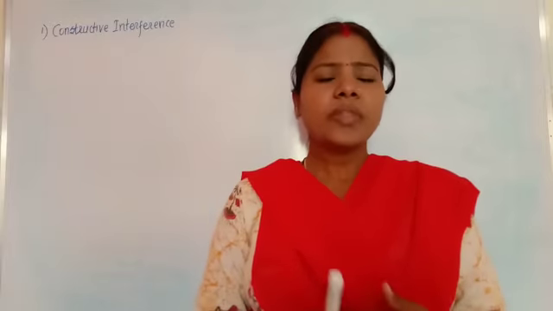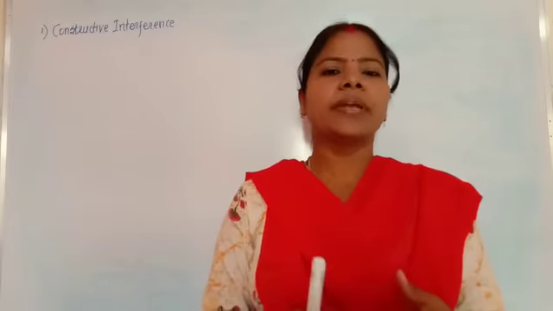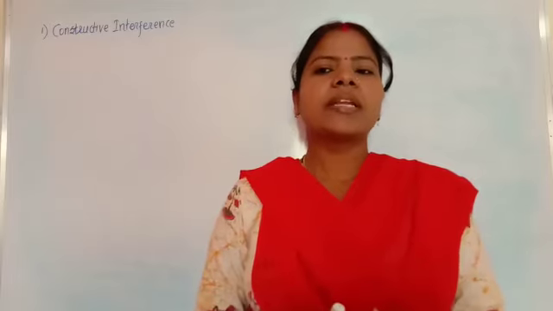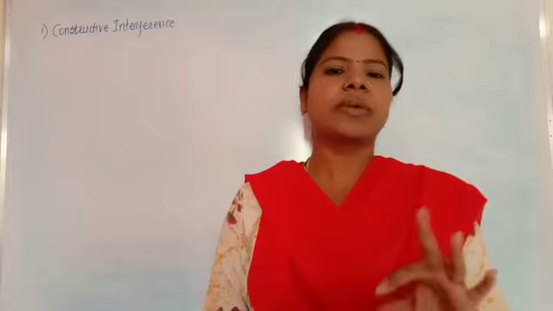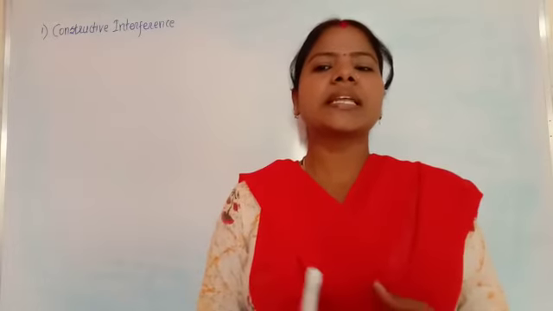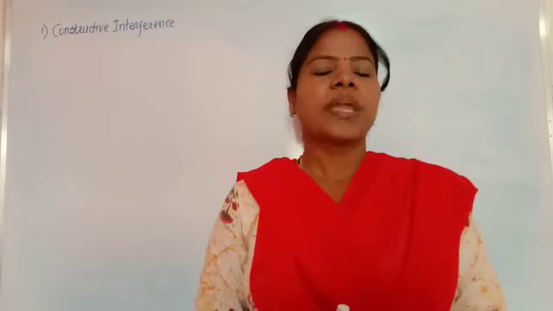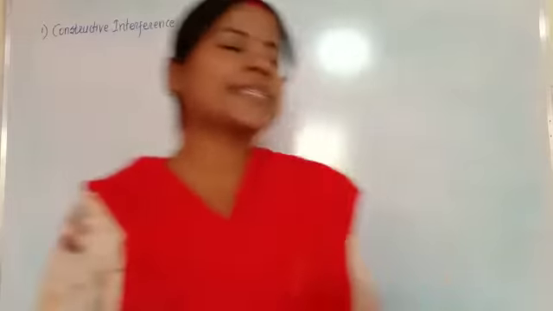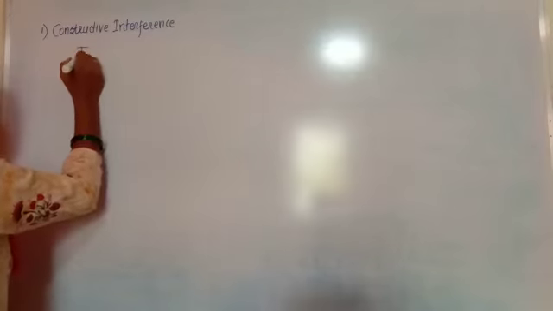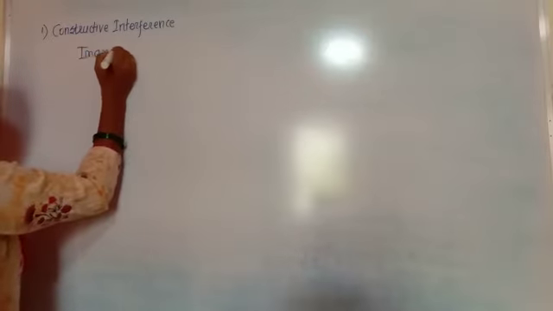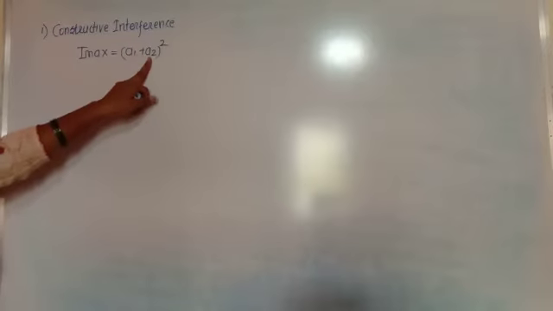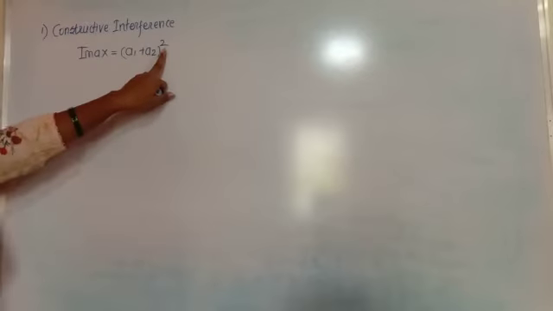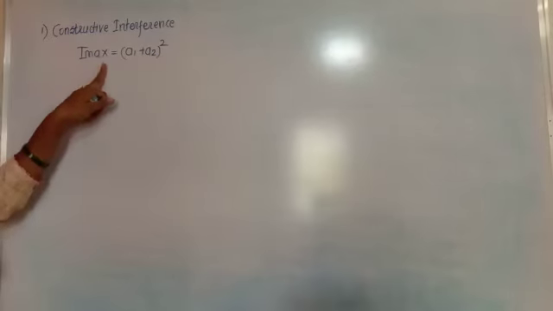If the two interfering light waves travel through the medium and arrive simultaneously at a point in phase, meaning the two waves are in phase, meaning there is a constant phase difference between the two light waves, then the resultant intensity at that point is maximum. What is the condition for I max? Intensity is maximum when (a1 plus a2) whole square, that is, the first and second amplitudes are added and squared, and at that time intensity is maximum.